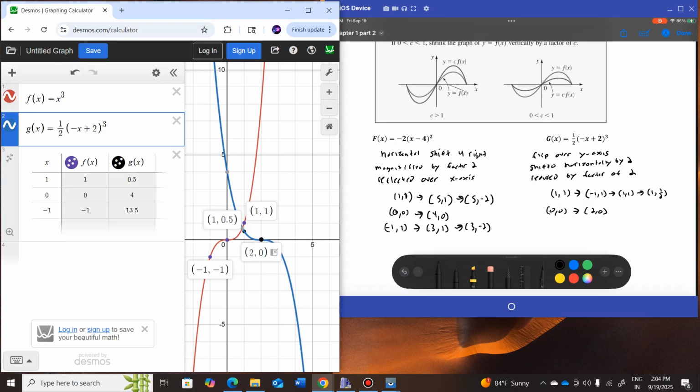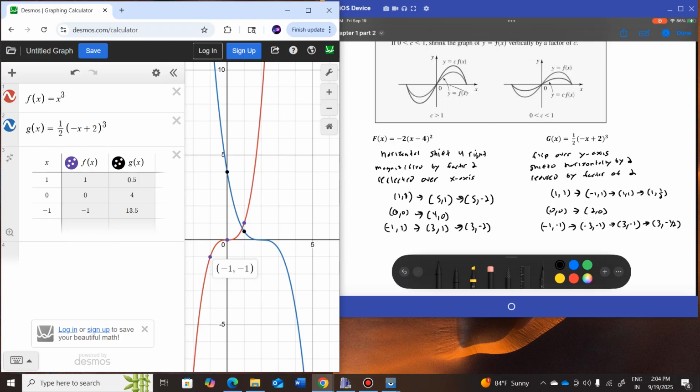And then the -1, -1, it goes, get rid of all those. -1, -1 goes to -3, -1. Goes to 3, -1. And then gets reduced to 3, -1/2. There.